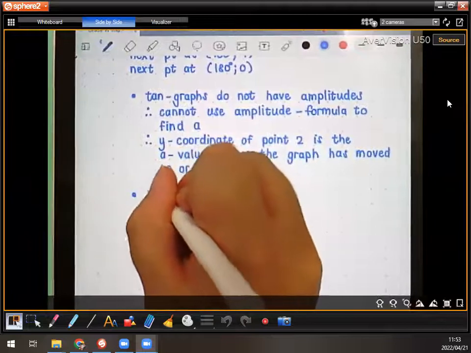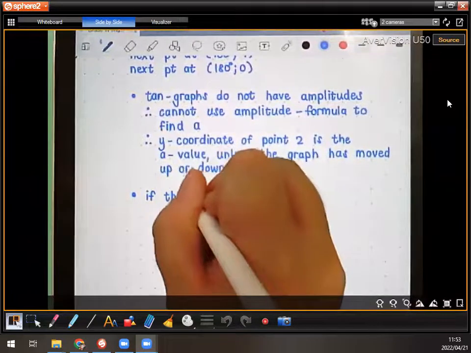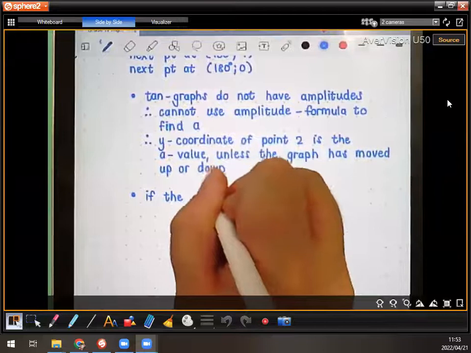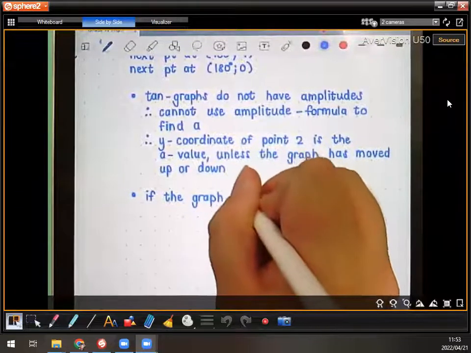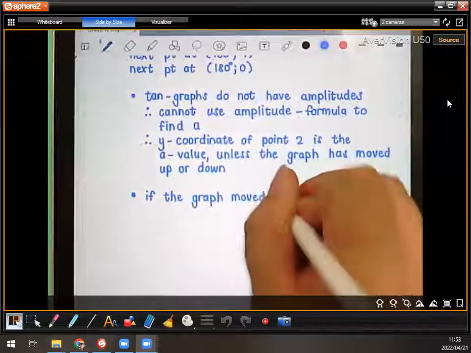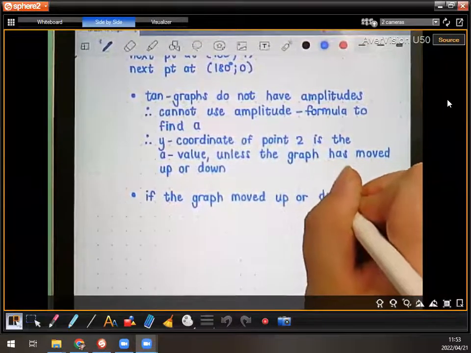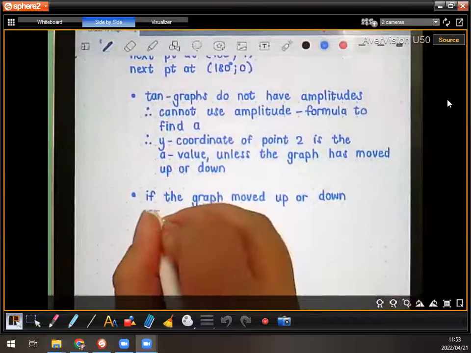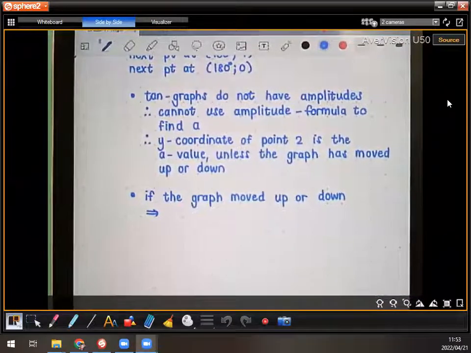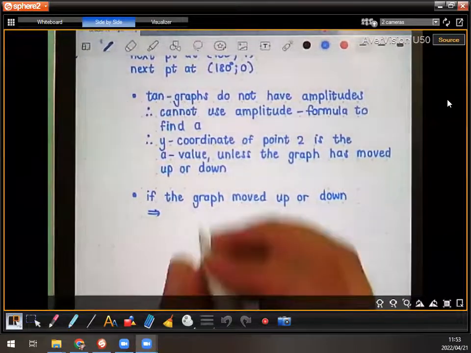If the graph moved up or down, then I'm going to write it as a formula.